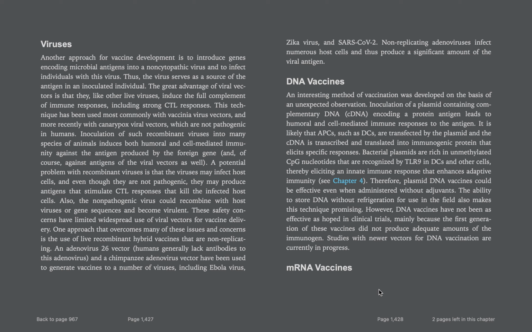However, DNA vaccines have not been as effective as hoped in clinical trials, mainly because the first generation of these vaccines did not provide an adequate amount of immunogen. Studies with newer vectors for DNA vaccination are currently in progress.